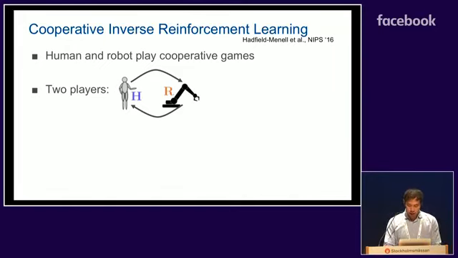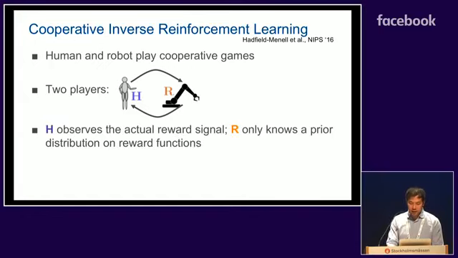And it's an asymmetric game in the sense that the human has access to the true reward function, but the robot only knows a prior distribution over the human rewards. And actually, this is the key to making the learning problem more tractable than a general Markov game.